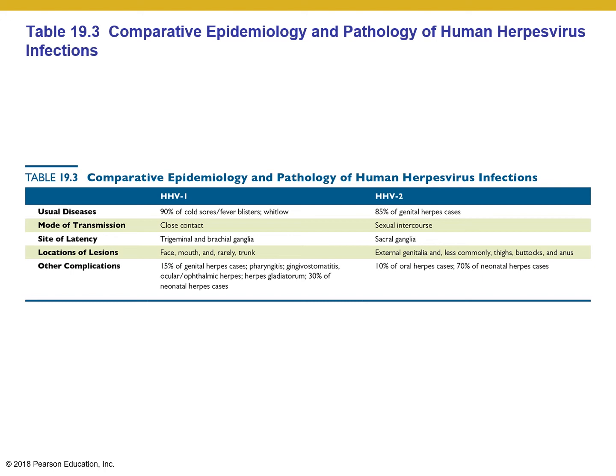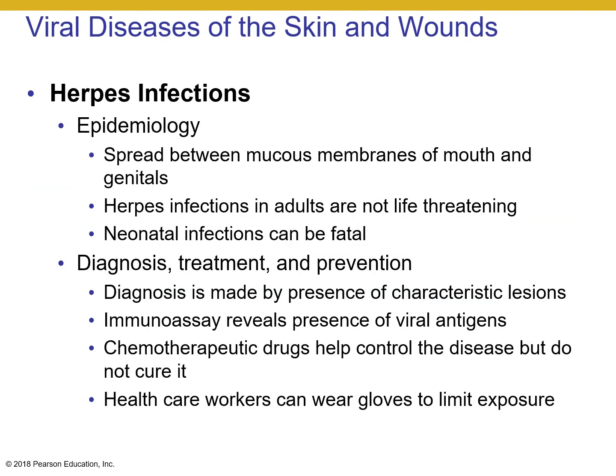What an awful way to start life. So it spreads between the mucous membrane of the mouth and the genitals. These infections in adults are not life-threatening, but if a neonatal child is exposed, it could be fatal.